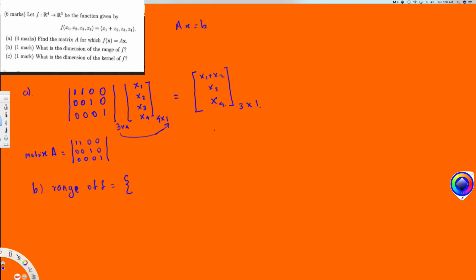So we have 1 0 0, 0 1 0, and 0 0 1. So we have 3 vectors in the column space, therefore the dimension is equal to 3.